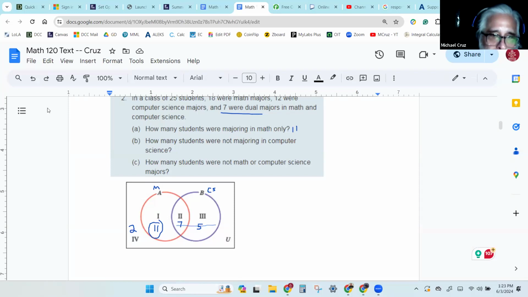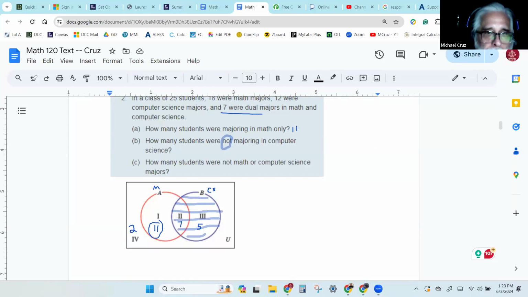I've got the wrong thing. That's the disappearing ink. I need this like highlighter. So this is computer science. And it's saying not computer science.